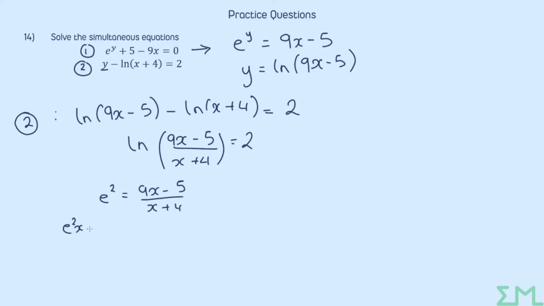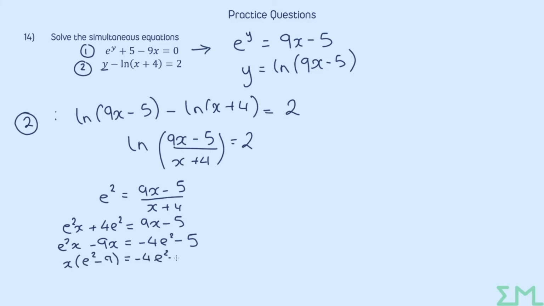Multiplying up, e squared x plus 4e squared equals 9x minus 5. We're going to want to get our x terms on one side, so e squared x minus 9x equals minus 4e squared minus 5. Take x out to get e squared minus 9 in the bracket.